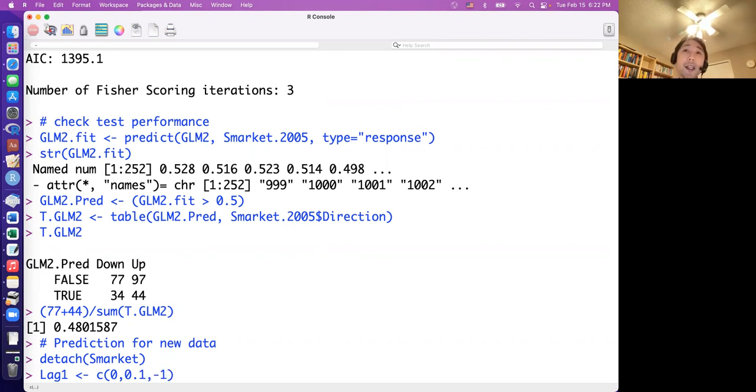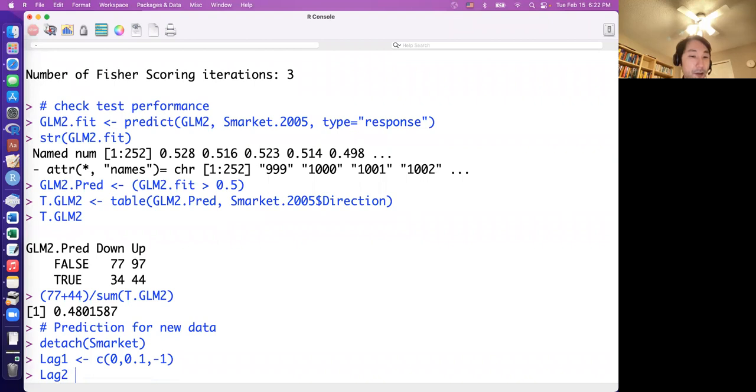So we want to see the impact when yesterday's stock market is just flat. And also we want to see the impact when the last day's return is a very small positive value and also a large negative value. And we also specify lag 2 to lag 5.